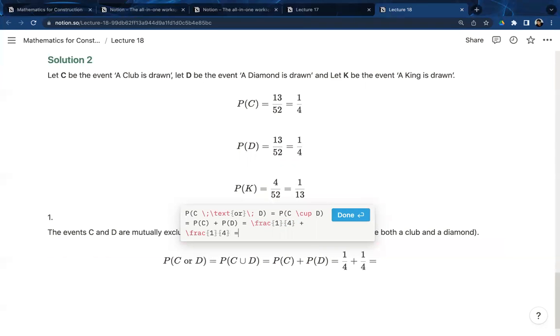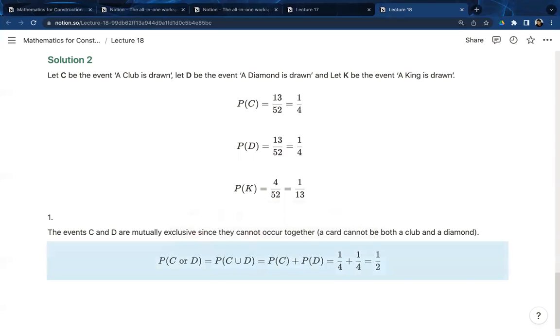So a quarter plus a quarter, that's a half, right? That's how you do the first part.